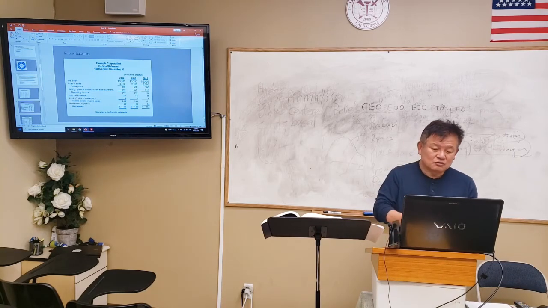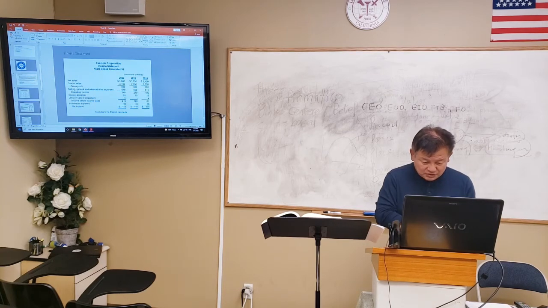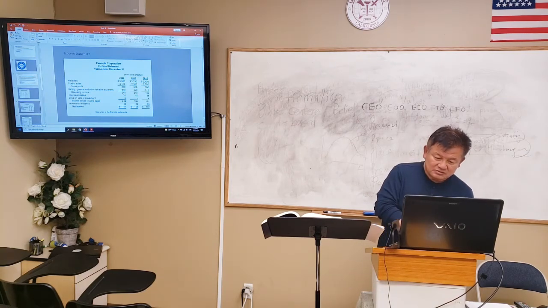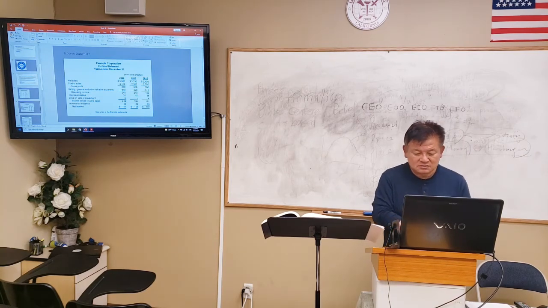These things show in the income statement. We compare the years 2018, 19, 20. For example, the 2018 net income is $135 million, and it increased. It is very easy to see.